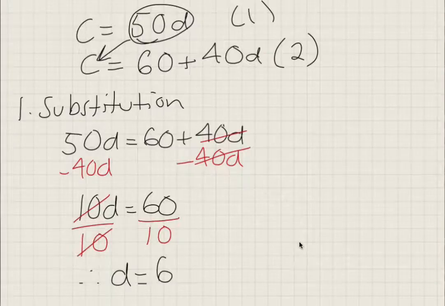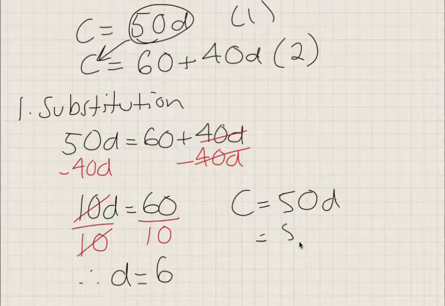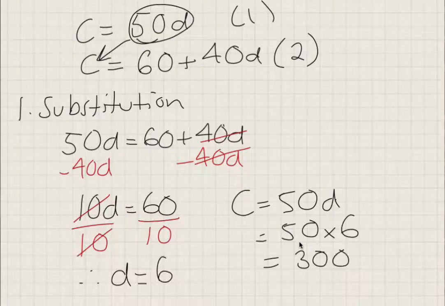And to get what the cost is, you can just substitute it into equation 1. So using the fact that C equals 50 times D, 50 times 6 in this case is 300. So therefore D equals 6 and C equals 300.